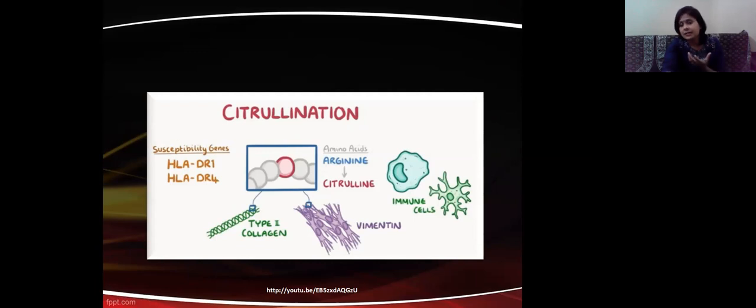Their immune system is not clever enough to recognize these changes as normal. So what will happen? The immune system will react against it.